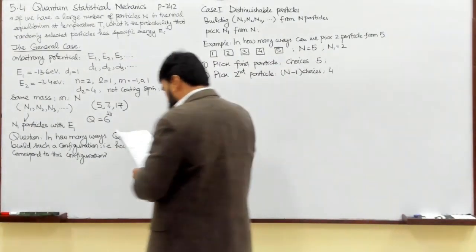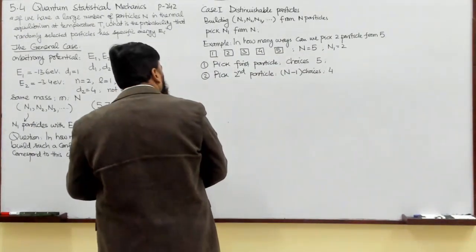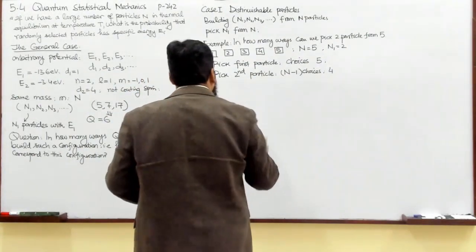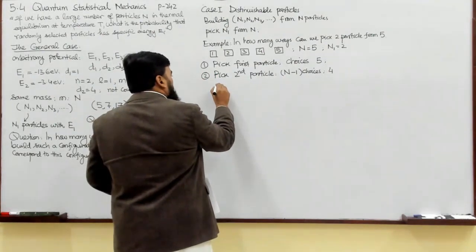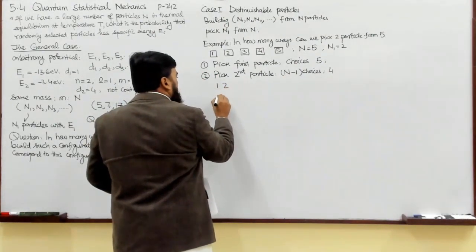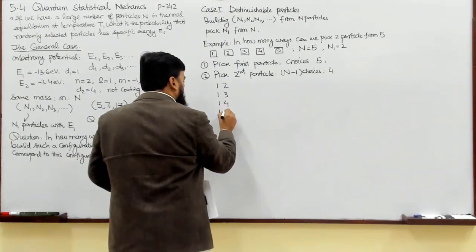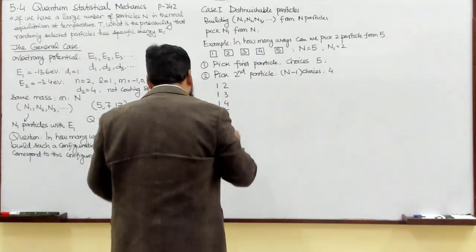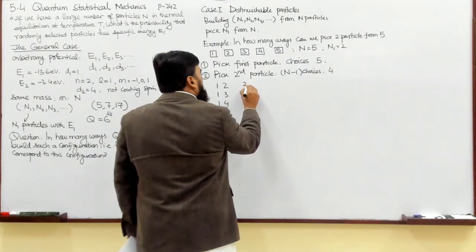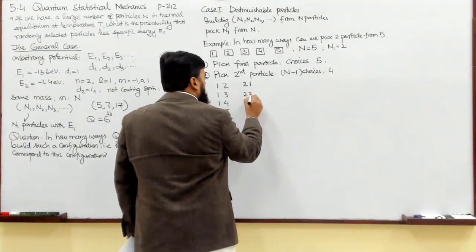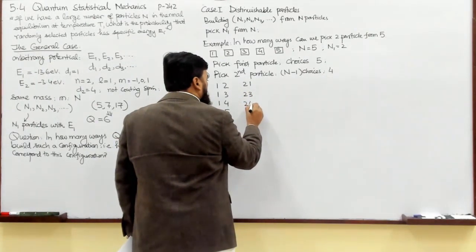So I can write the choices: with 1 I pick 2, 3, 4, and 5. With 2 I pick 1, 3, 4, and 5.